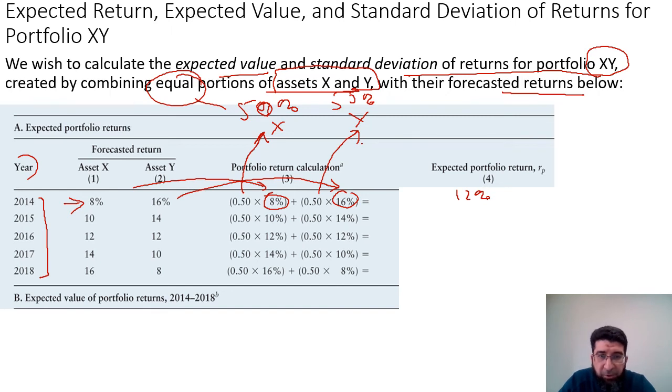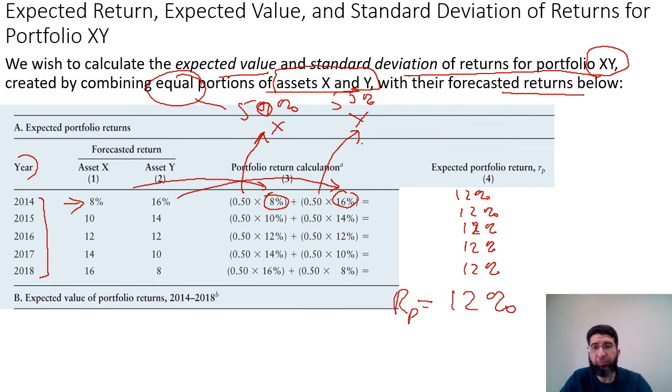Now you'll be surprised when you calculate all of them. These all are 12%. The example has been designed in such a way that all come out to be 12%, and the average is also 12%, which is the return of the portfolio.